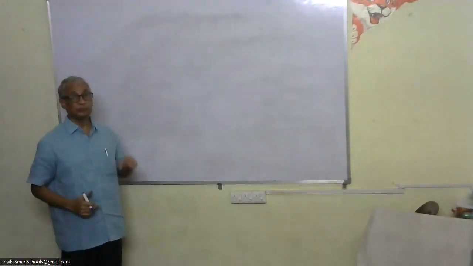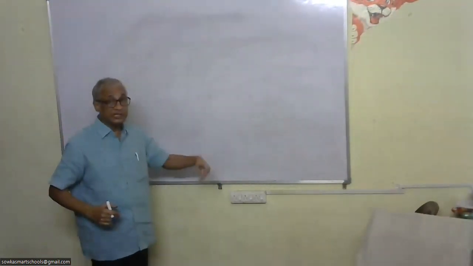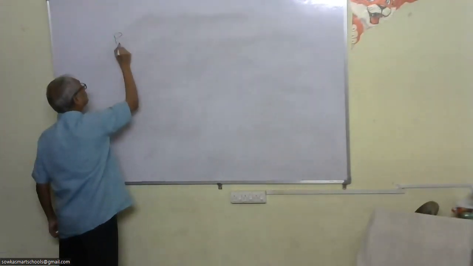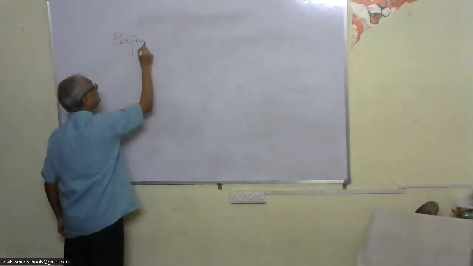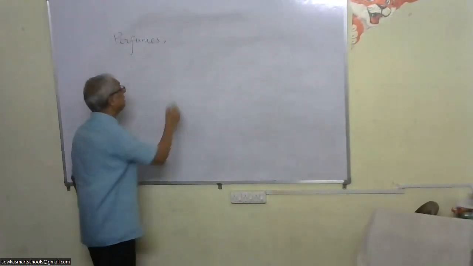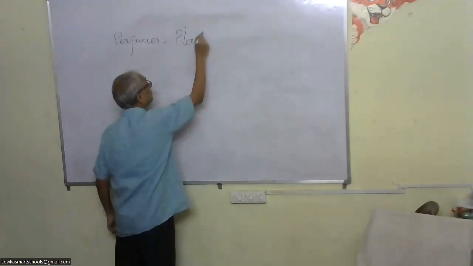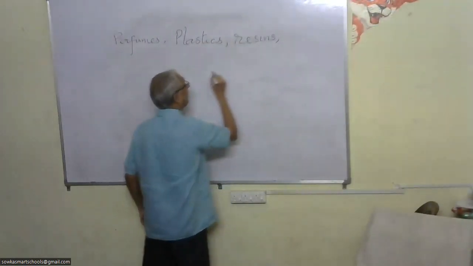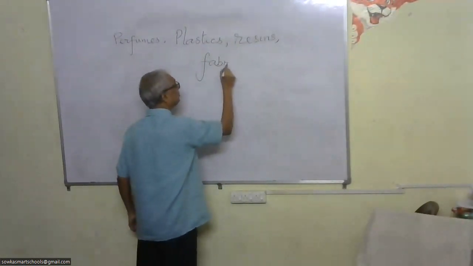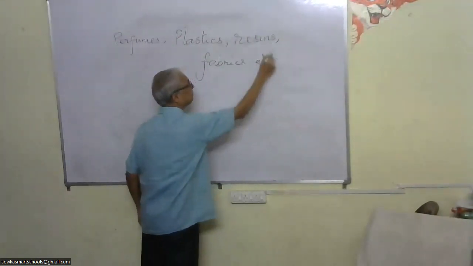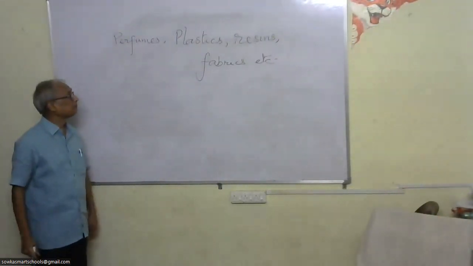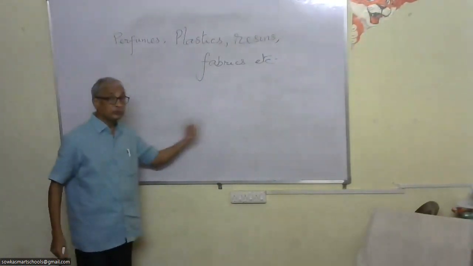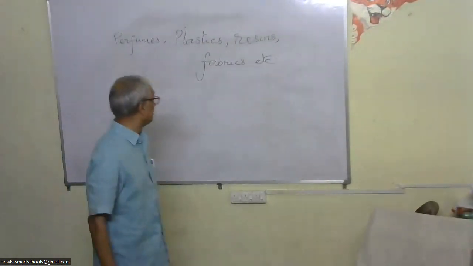We are studying them because they are used in our daily life. Naturally, they are used in perfumes. Aldehydes and ketones are used in perfumes, in making plastics, and in making resins, and some fabrics, etc. So, it is necessary to study them.